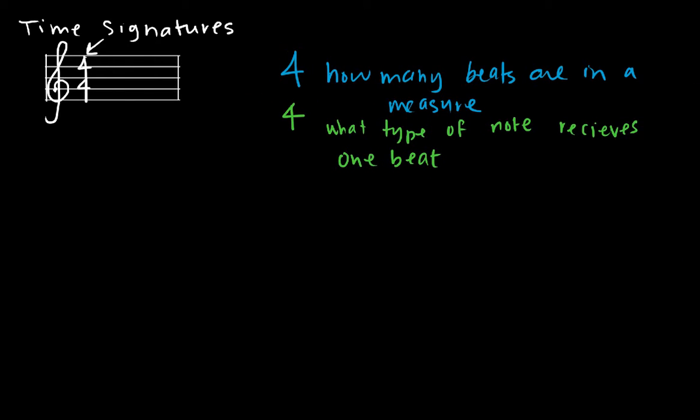So in this example here, 4/4 time signature, you have 4 beats in a measure, and that a quarter note gets 1 beat.